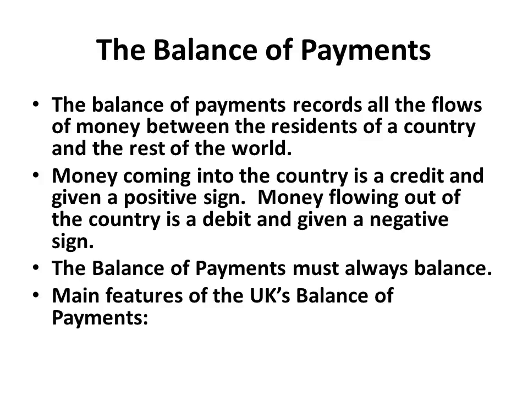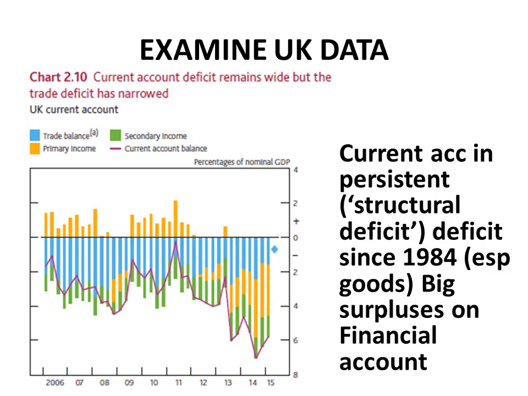All the things that create demand for the pound are credits and given a positive sign, and all the things which create supply of pounds are debits and given a negative sign. The main components of the balance of payments, you'll remember, are the balance of trading goods and services, the trade balance, and the current income, which is the income that we get from owning investments abroad.